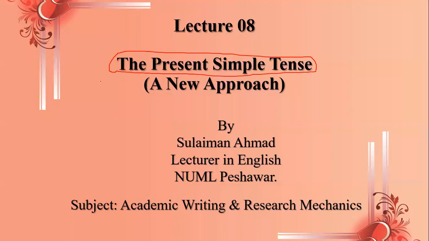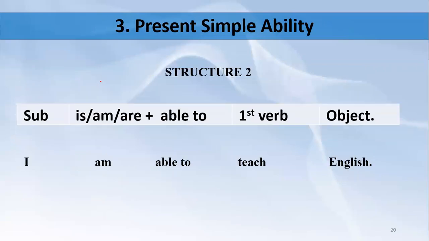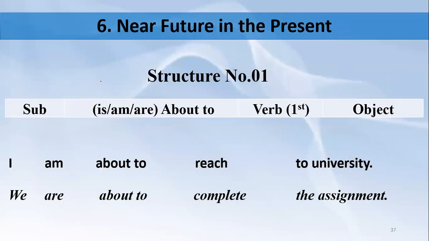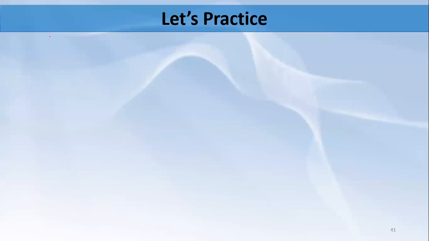Before going to present simple tense, let me tell you that we have three tenses. The first one is present tense, the second one is past, and the third one is future tense, and you are already aware of these things, but I just want to provide a brief background. Now in the present tense we have four aspects.